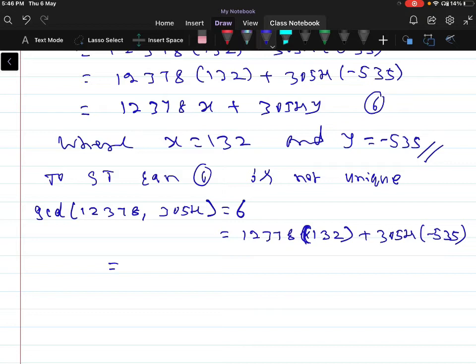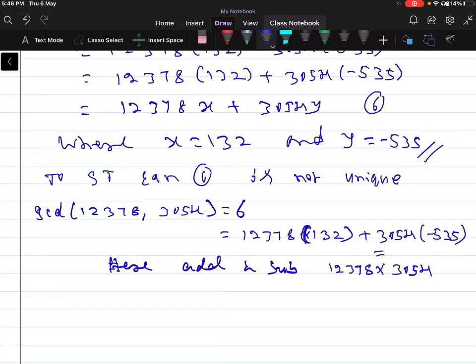This is equal to, here adding and subtracting 12378 into 3054 in the right-hand side of the given equation.